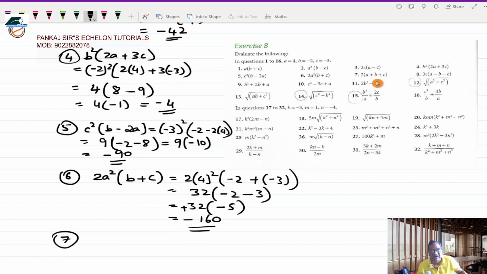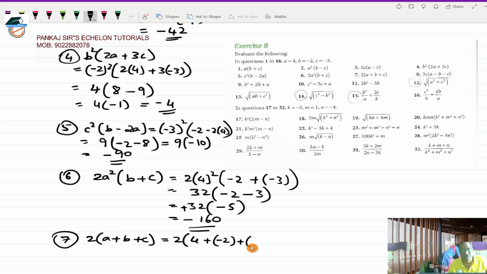Seventh one. 2 times a plus a b plus a c. This can be written as 2 times. Now I'll plug in the values. A is 4 plus b is minus 2 plus c is minus 3. So this will work out to 2 times, now this inner brackets I'll remove.